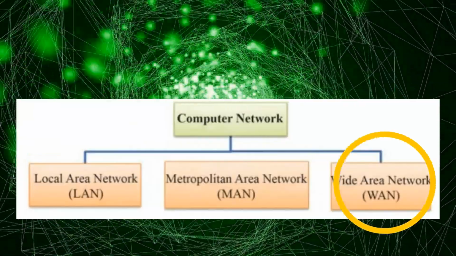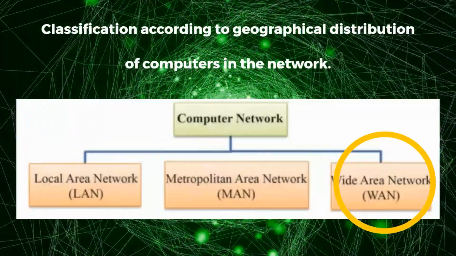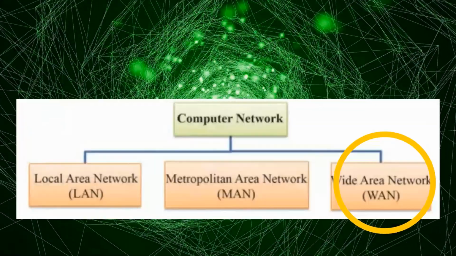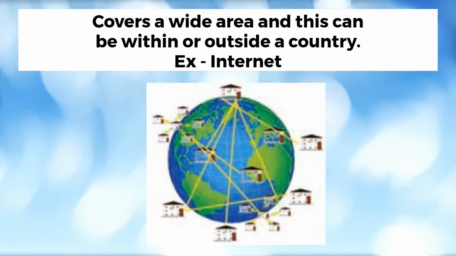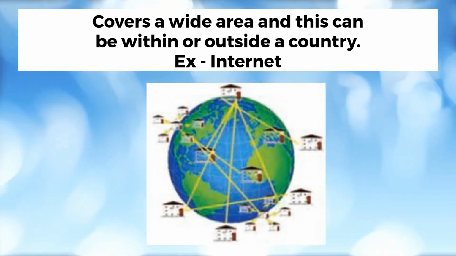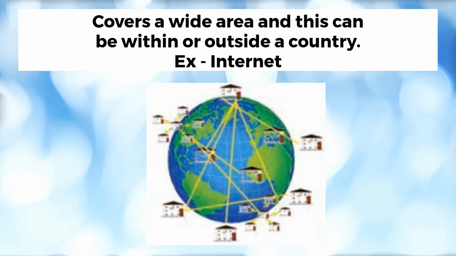The third category is the wide area network, or else you can call it WAN. It covers a wide area, and this can be within or outside a country. For example, the Internet.